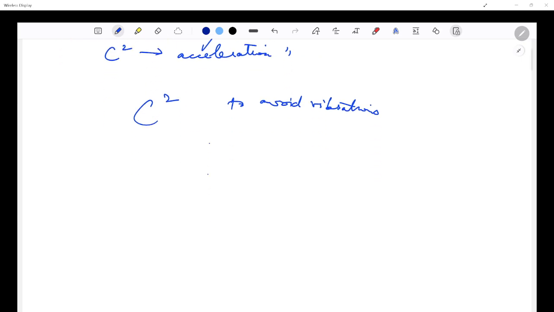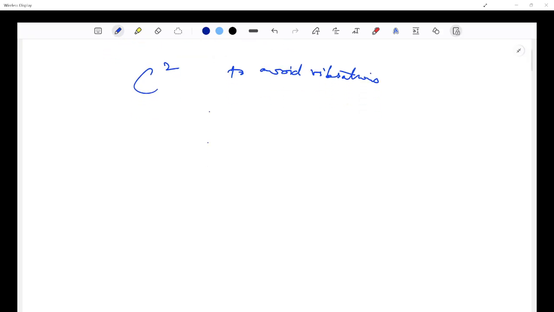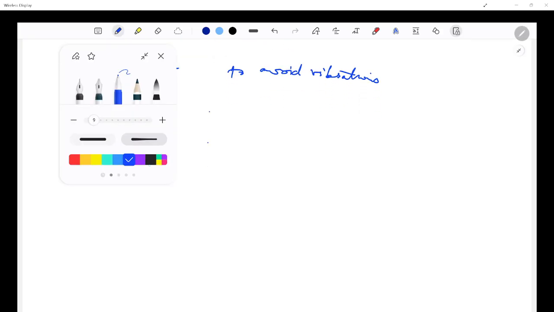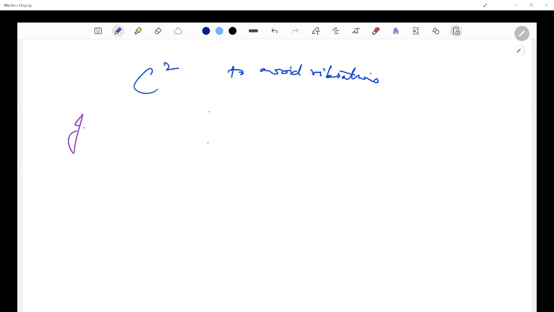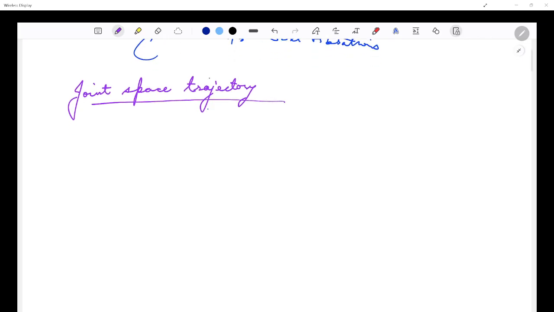Now let's start with joint space trajectory. Okay. So what do we want? We want theta at t naught to be equal to theta naught, and theta at final time to be equal to theta f.